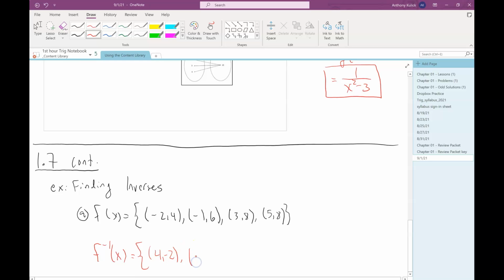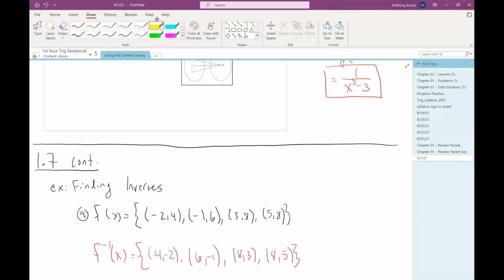It sends -1 to 6, so we have to send 6 back to -1. Sends 3 to 8, so I have to send 8 back to 3. And it sends 5 to 8, so I have to send 8 back to 5. There's my inverse.